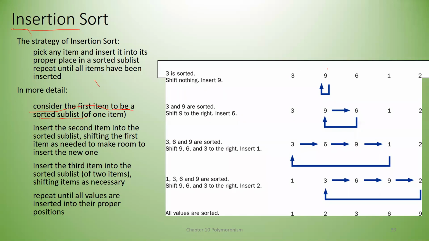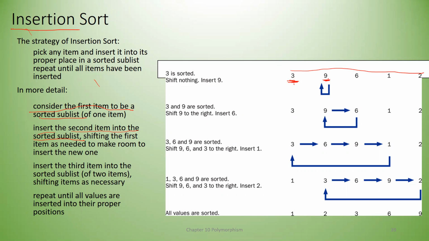So let's look at this list. We have 5 elements here. We assume this element is a sorted sublist, okay? It's sorted. And then you insert the second item into the sorted sublist. So this is a sorted list, and we look at this item and compare it with this sorted list.